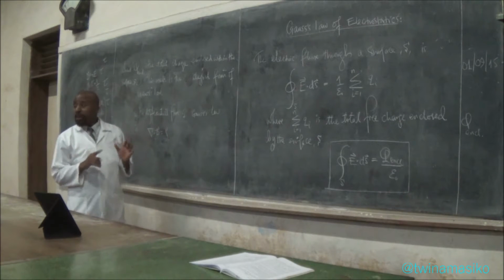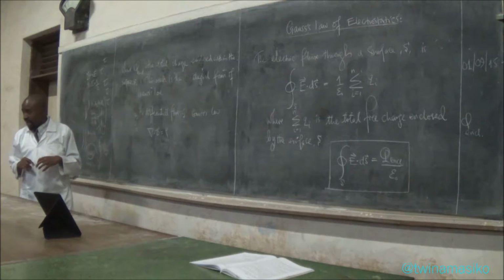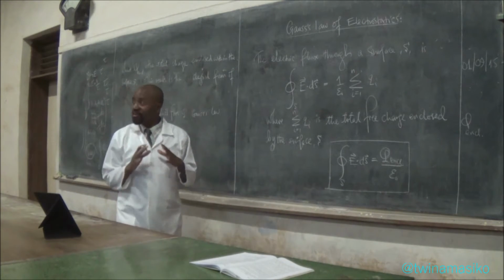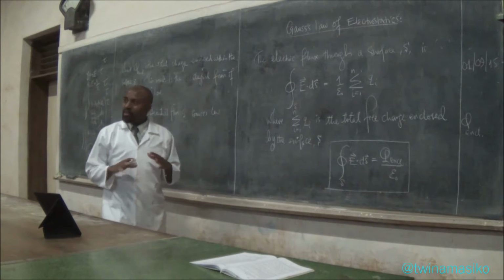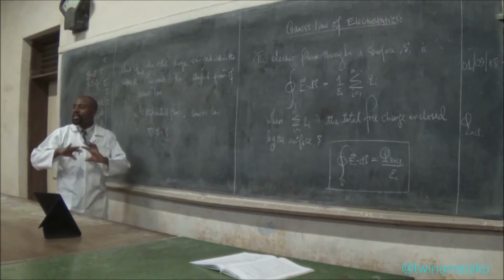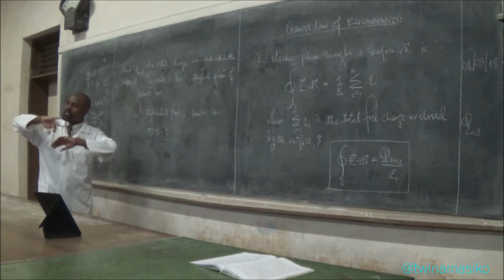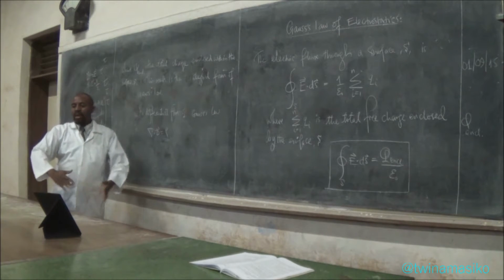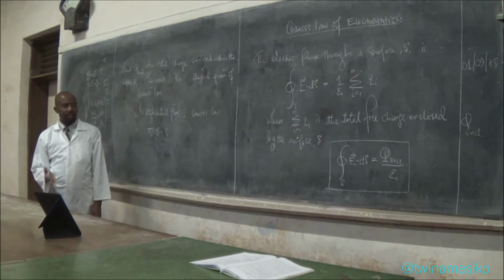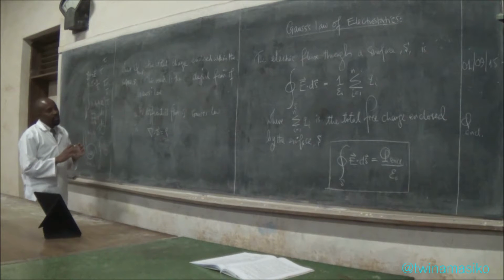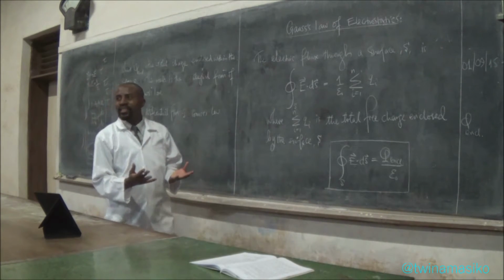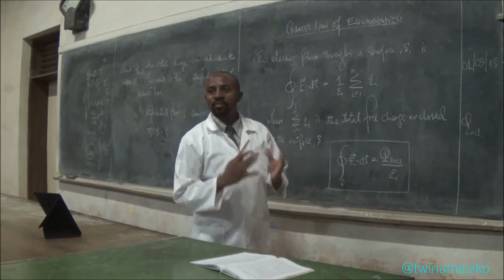In order to apply Gauss's law, our surfaces must be symmetrical. If it is a sphere, it should be a nice spherical surface. It shouldn't be something round where somewhere it is missing. If it is a cylinder, it should be a nice cylinder.